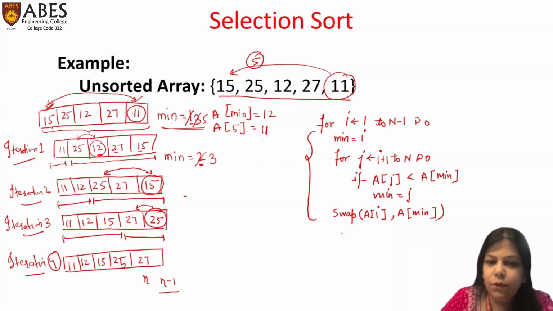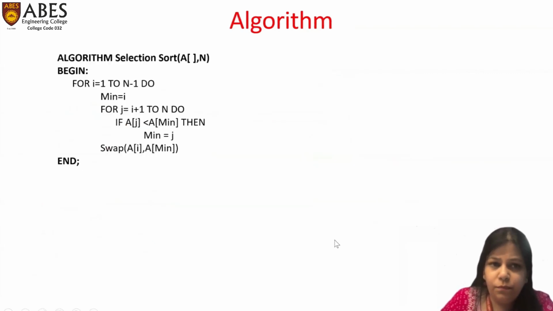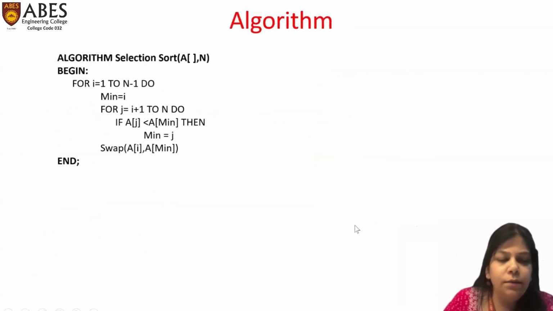This is the algorithm. So let us just try to see this algorithm. Suppose selection sort is the name of the function. There are two parameters, A, that is the unsorted array, and N, that is the number of elements of the array. So we have to start the first loop that will tell us the number of iterations.